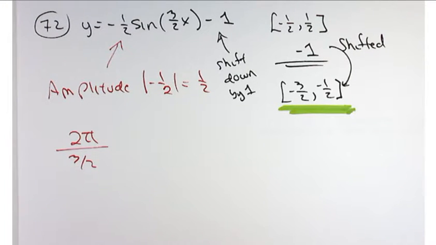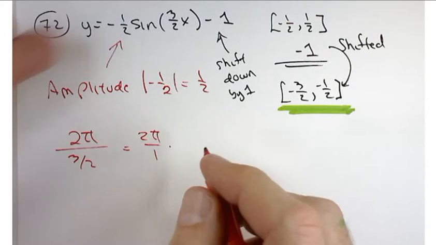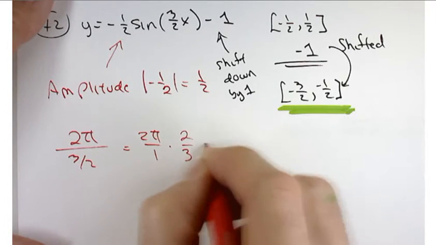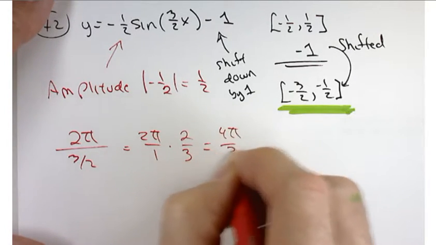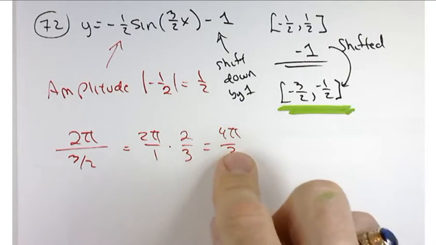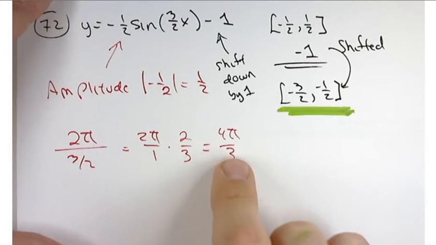Again, you get to simplify a fraction. 2 pi over 1 times the reciprocal, 2/3, is going to be 4 pi over 3. It's not going to be terribly clear looking at your graph that it repeats itself every 4 pi over 3 units, but you can probably play around and check it. Are you okay with the calculation here, though?